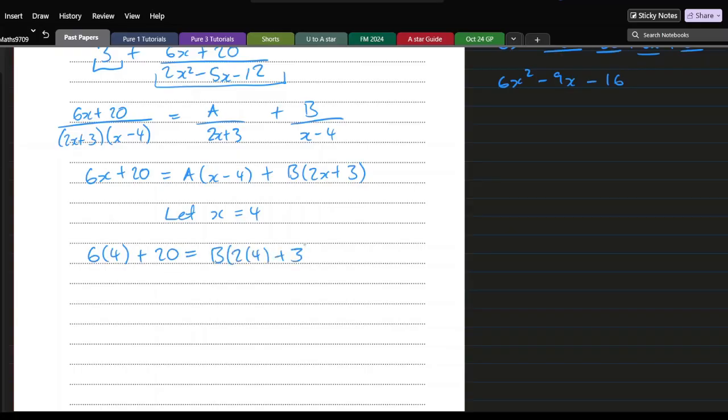So 6 times 4 is 24 plus 20, that's 44. And then we've got 8 plus 3, so that's 11b. And this means that our b must be equal to 4.